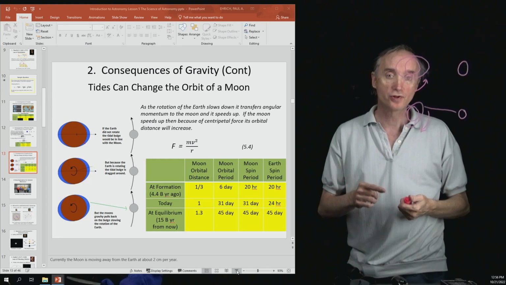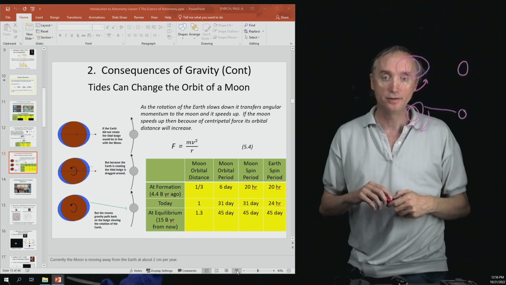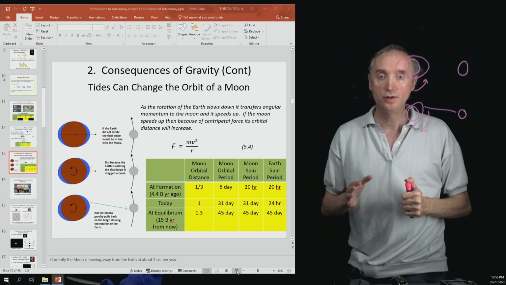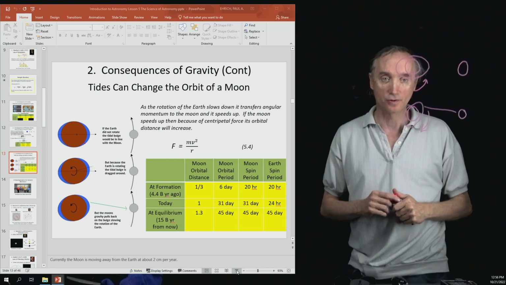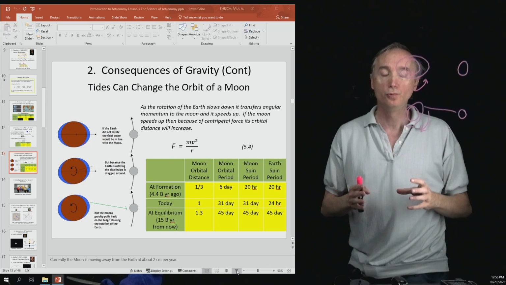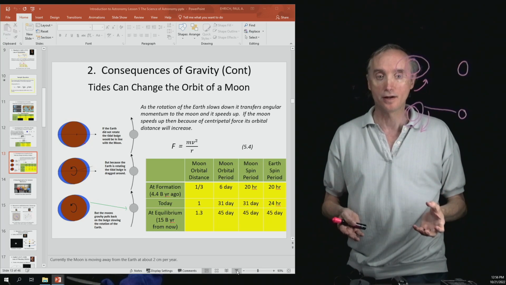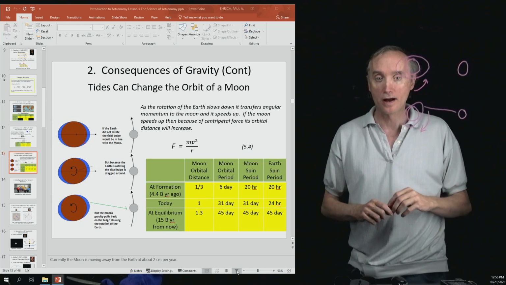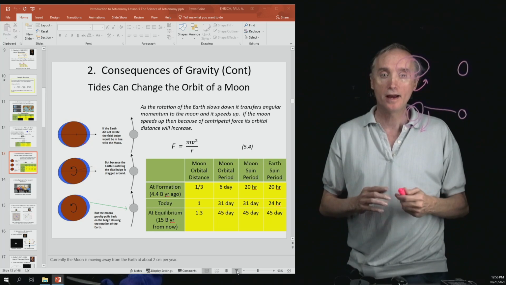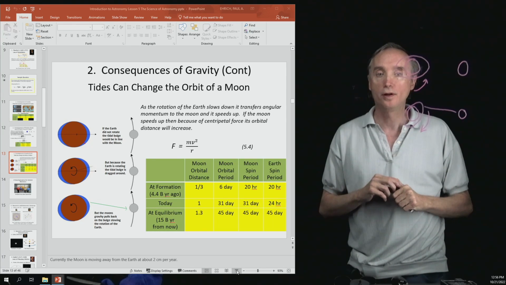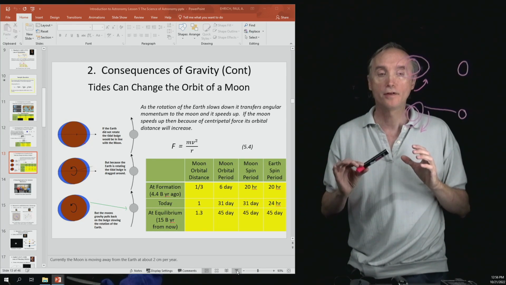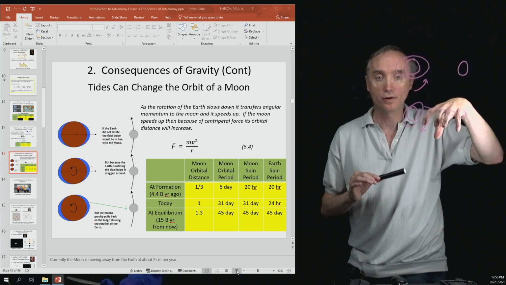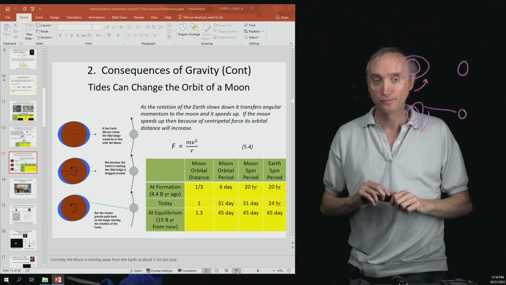Now in the future, they have calculated that 15 billion years into the future, that's when the moon will finally stabilize in its orbit and will stop moving further out. And so when that happens, the moon will have an orbital period around the Earth of 45 days.